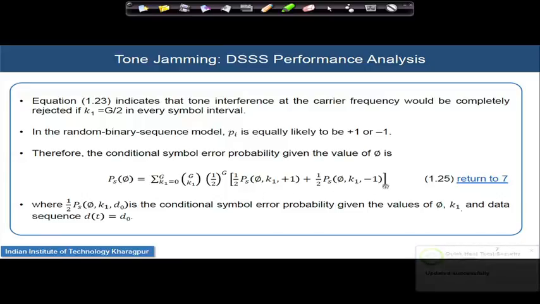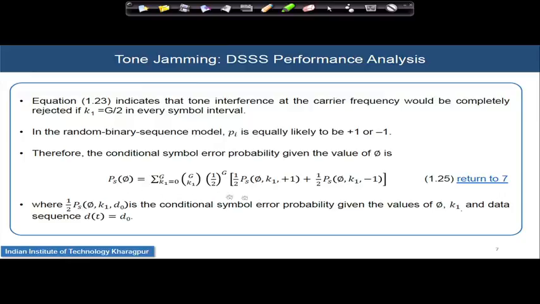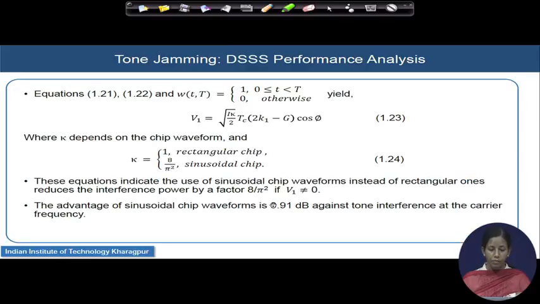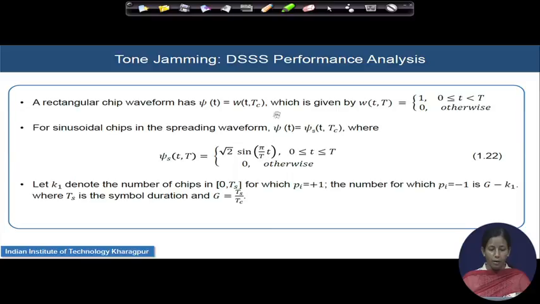Please remember, we will refer once again to equation 1.25, where we consider Ps phi, which is based on the conditional symbol error probability. We will recall the pulse shapes we have utilized to establish the expression, both the rectangular and the sinusoidal chip.